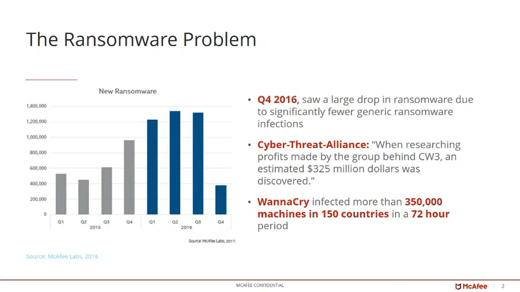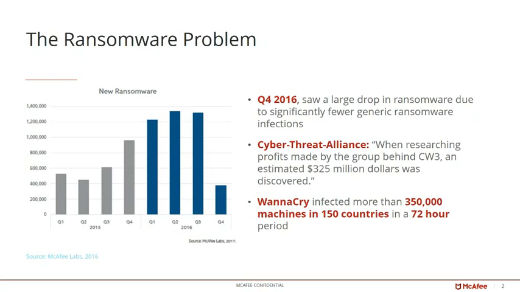We know from research that we've done that the cyber criminals behind Cryptowall 3, for example, and keep in mind that's a single version of a single variant of malware, those cyber criminals made well over $300 million from that one variant. That's money paid out by companies and by individuals in order to release their data.